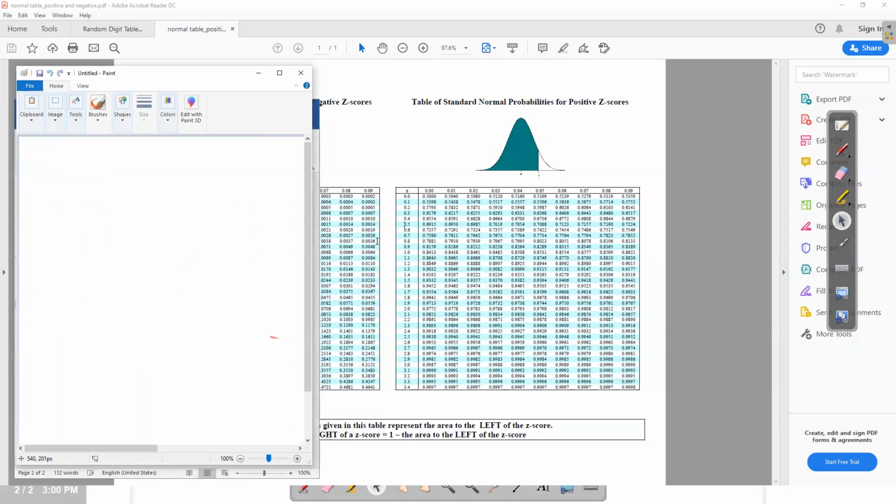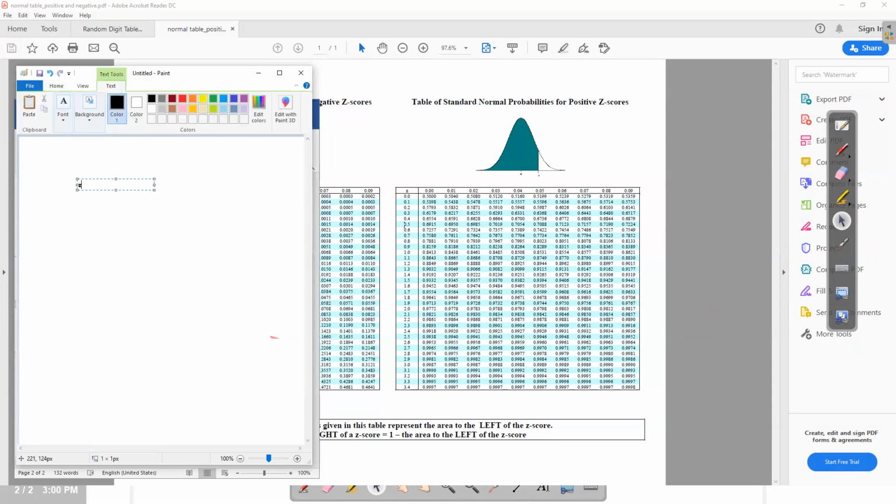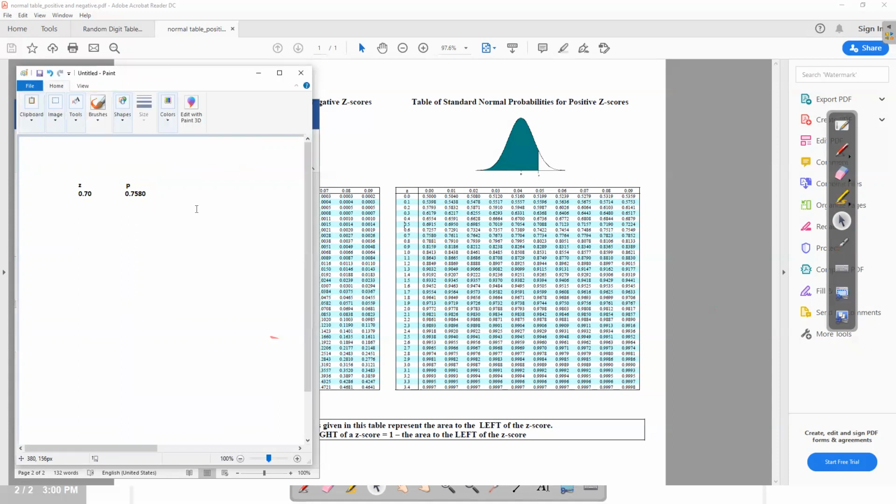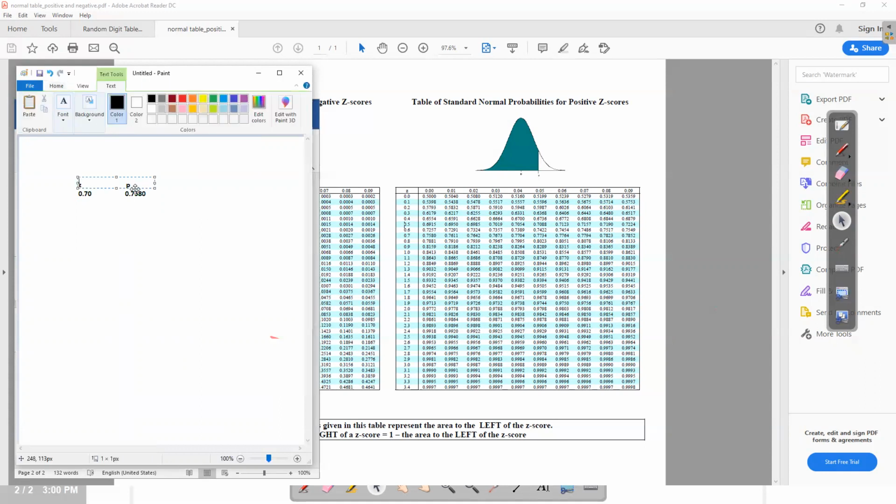For a Z-score of 0.70, what does it match with for the probability? The probability matched with Z-score 0.7 will be 0.7580, right? So there is a relationship between the Z-score and the probability.